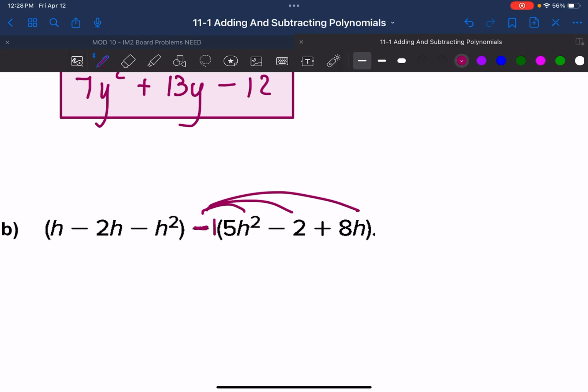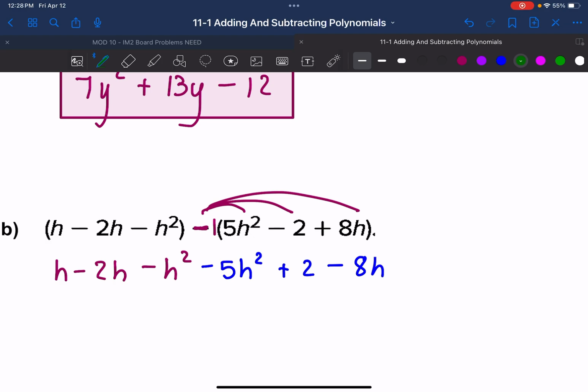Oh, and it looks like we can, well, we'll do that later. I'm going to drop these parentheses and distribute this negative. So I'm going to have -5h squared plus 2 minus 8h. And then go ahead and combine all of your like terms.